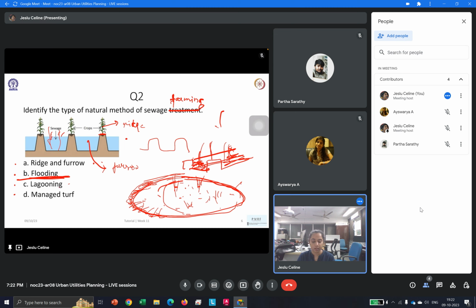That's lagooning. Now what is managed turf? What is a turf? You play games in a turf or a ground, which is grass, like where you usually have matches.